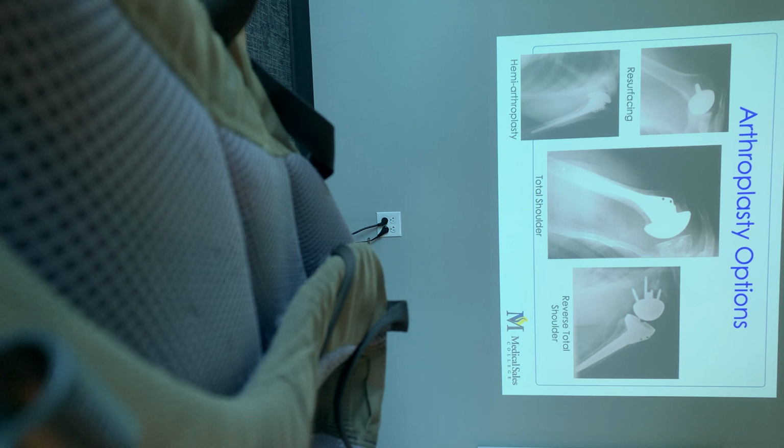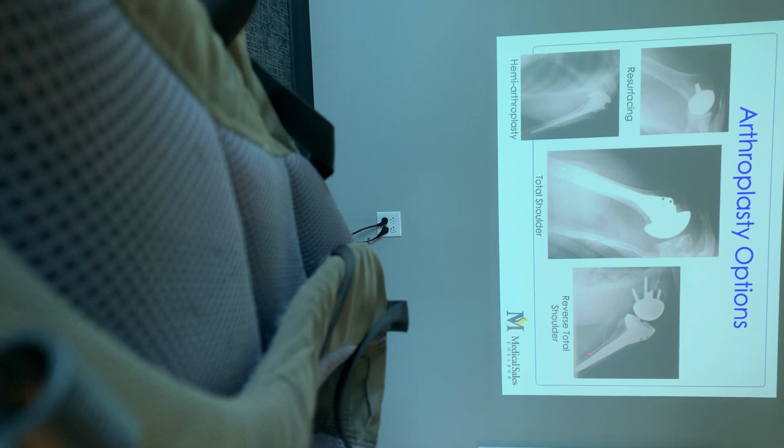Hemiarthroplasty is removing the humeral head and stabilizing the proximal humeral metaphysis and diaphysis, but not resurfacing the glenoid, articulating against whatever's left of the articular cartilage of the glenoid. The total shoulder is replacing the humeral head, stabilizing the stem down into the metaphysis and the canal, and replacing the glenoid, resurfacing the glenoid.